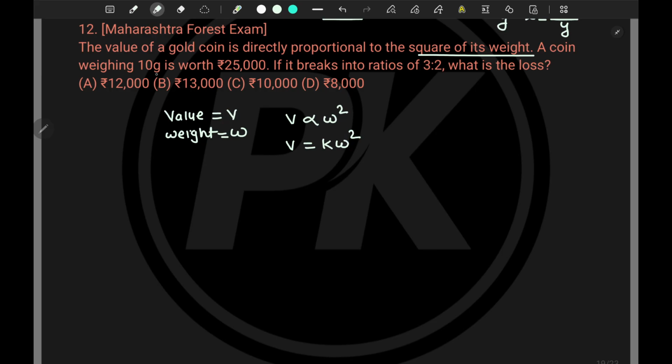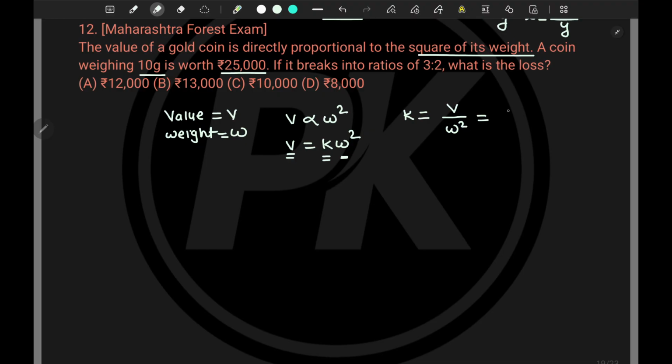A coin weighing 10 gram is worth rupees 25,000, right? So now this data is given. With this data, we know the value as well as the weight, so we can calculate the proportionality constant. The proportionality constant will be equal to value divided by square of weight.